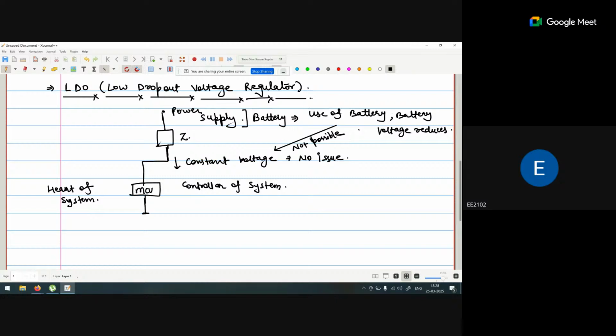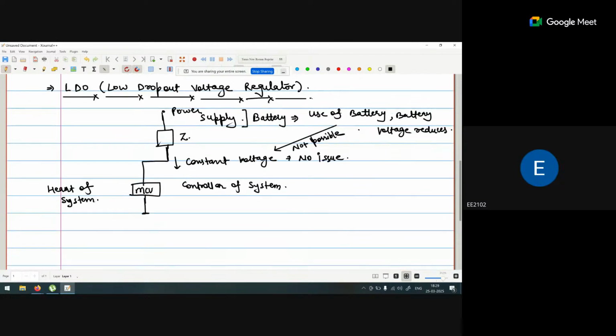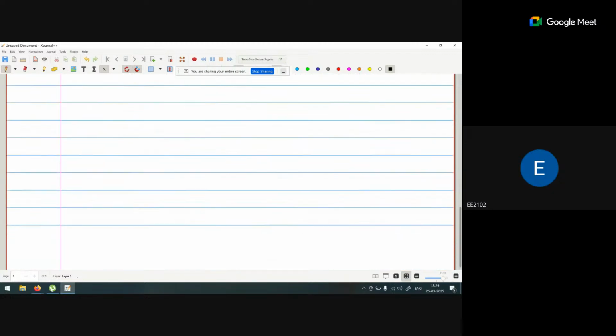So what we do, we require a regulator. That regulator will manage that if there are some variations in the power supply, after the variation it will provide me the constant voltage. That will be done by the LDO, low dropout voltage level.